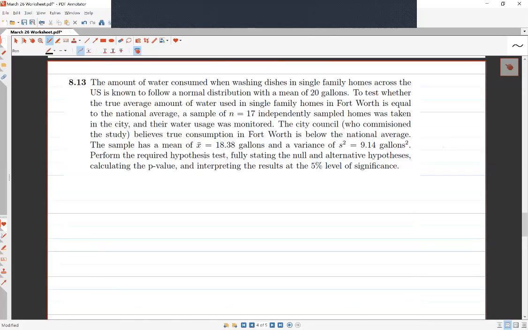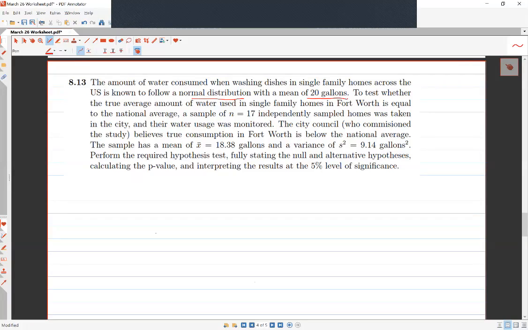Okay, let's look at our next example. In this instance, we are looking at how much water gets consumed in single-family homes. We are told that water consumption in single-family homes follows a normal distribution, and in the US is known to have a mean of 20 gallons.